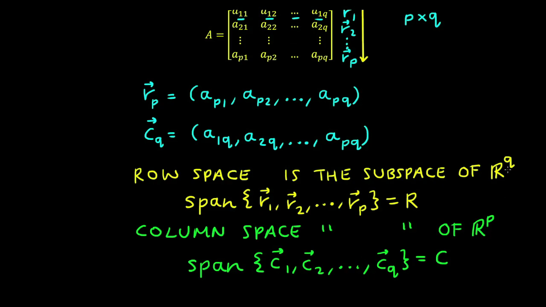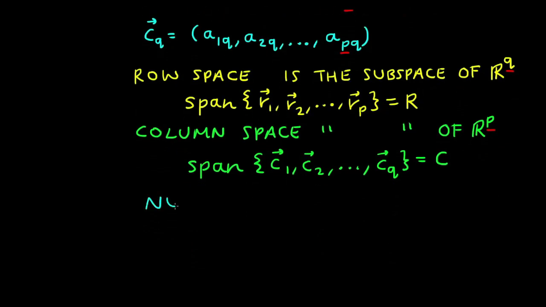So note that here we have Rq because each row vector has q components, and here we have Rp because each column vector has p components. So think about this.